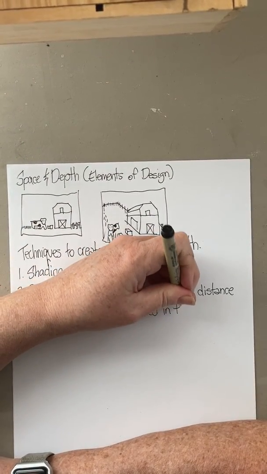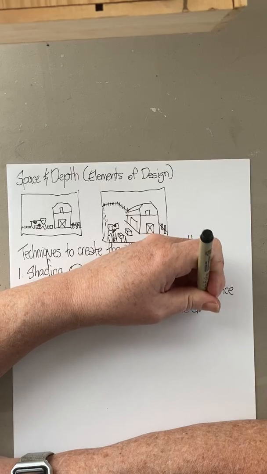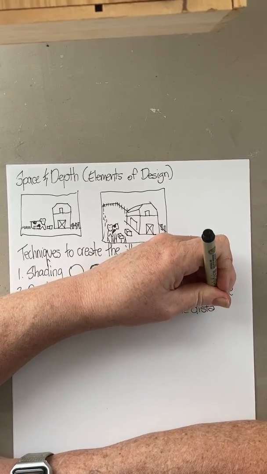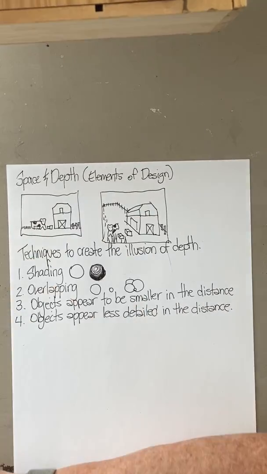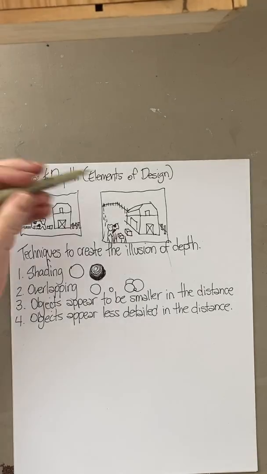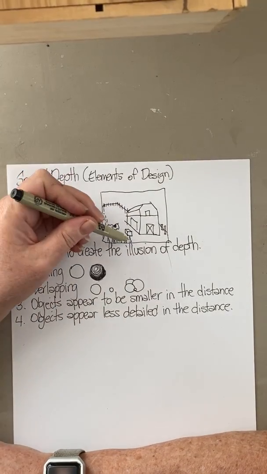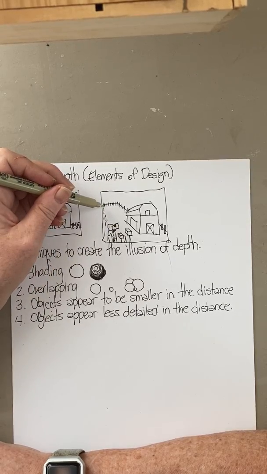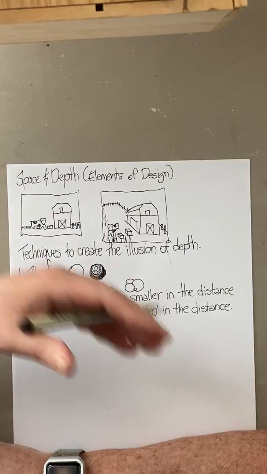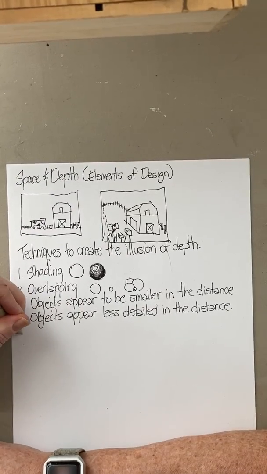In the distance. That makes sense. Okay, so the idea of this blade of grass up here, we'll be able to see the individual blade. But when you look at things that are farther away in a field of grass, you can't see individual blades. You just see green.